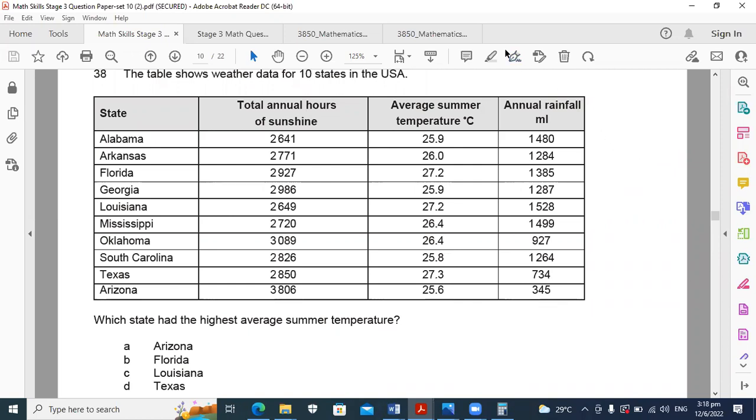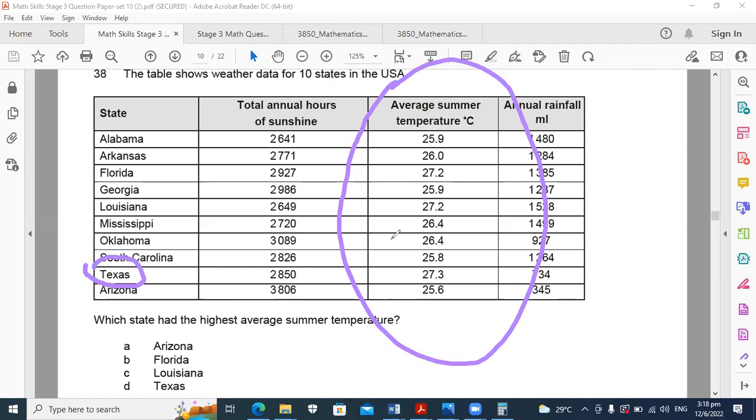Which column are you going to look at? Sir, average summer temperature degrees Celsius. This one, not true? So what's the highest number here, sir? 27.3. Right, and that is what? Texas. Oh, that's it.